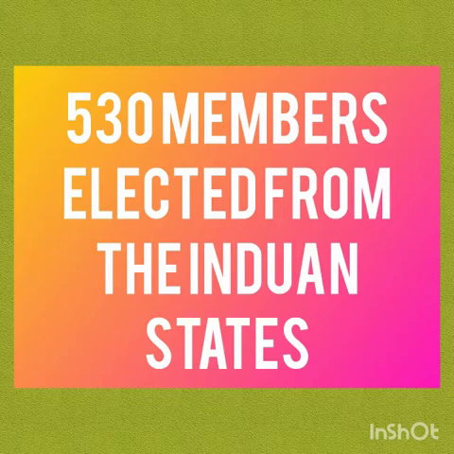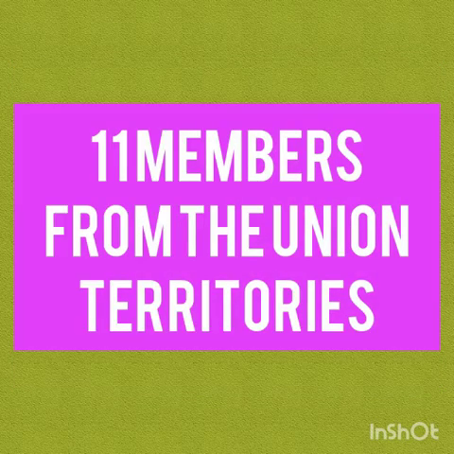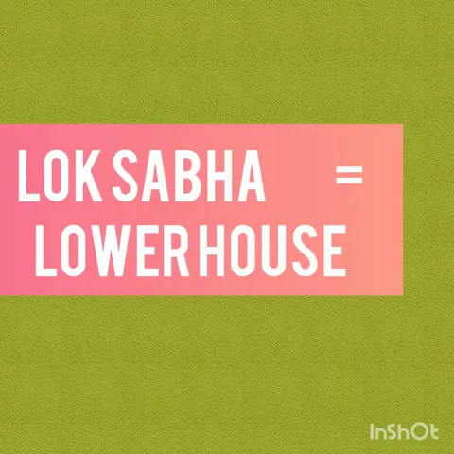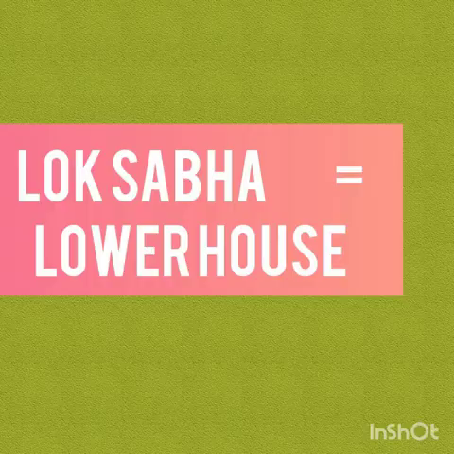530 members are elected from the different states in India. 11 members are elected from the Union Territories of India, and 2 members are not elected, they are nominated by the President from the Anglo-Indian community. Now you must be wondering what this Anglo-Indian community is.